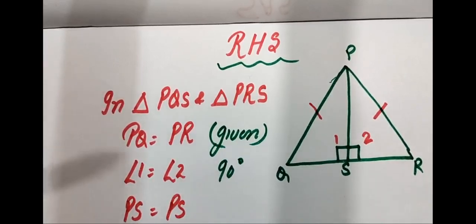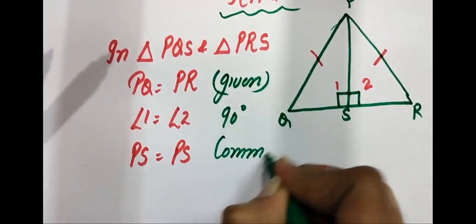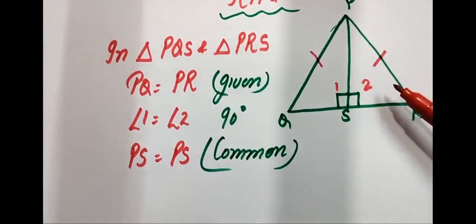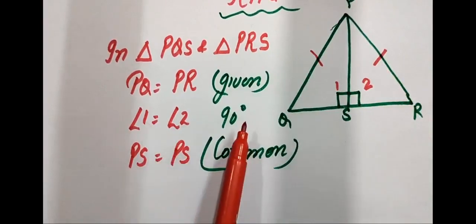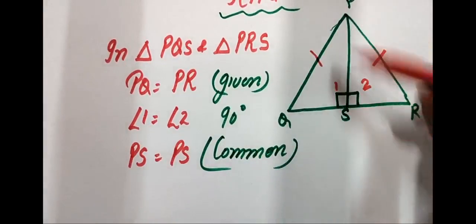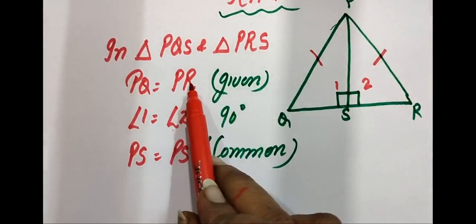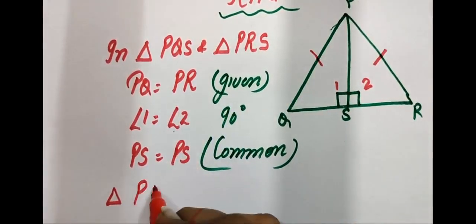So the three conditions are there now. So now, according to this diagram, PQ and PR are the hypotenuse of both right angle triangles, having a 90-degree angle which is equal, and now PS is the perpendicular. So right angle, hypotenuse and side. So according to this criteria, the triangles are congruent.